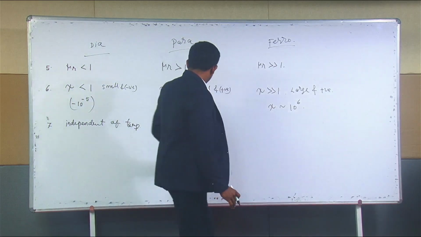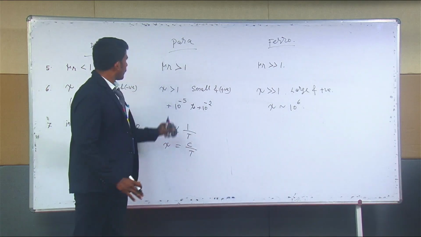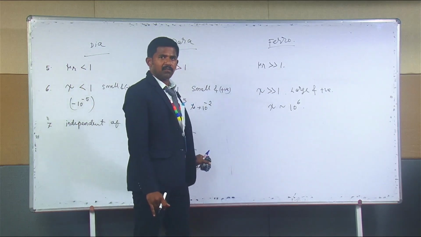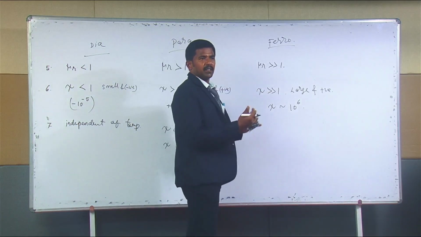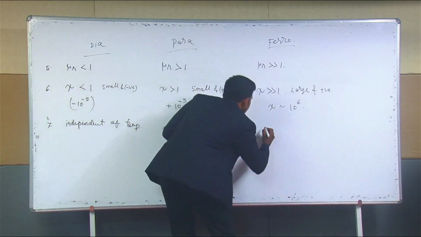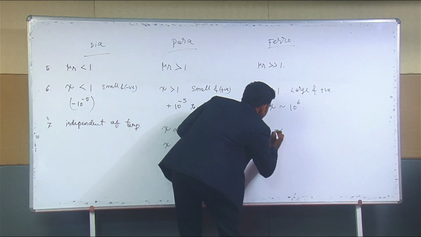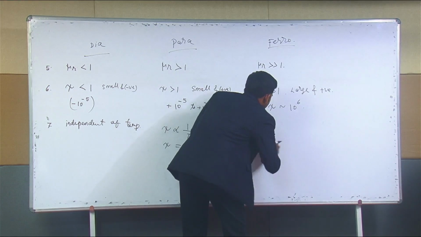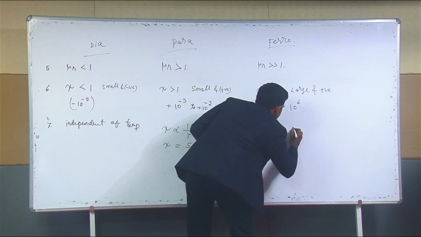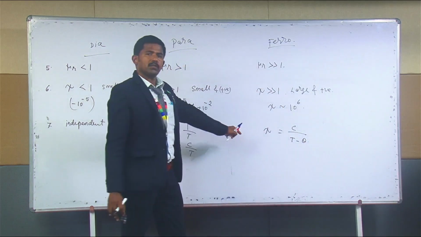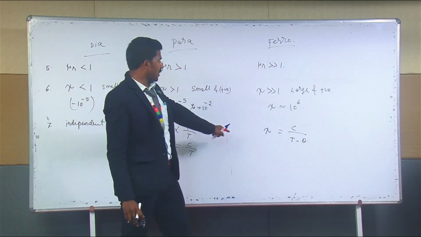These obey the Curie law for paramagnetic, and in the case of ferromagnetic this also will be obeyed, though some depends upon the material. We can say chi is equal to C by T minus theta. This is usually called the modified Curie-Weiss law.